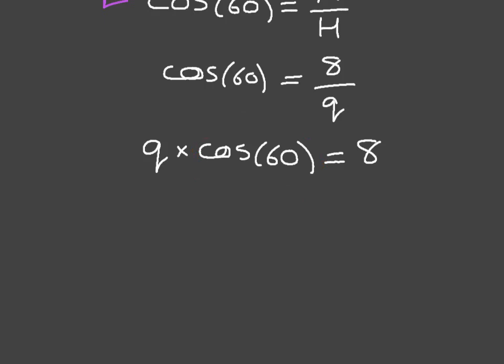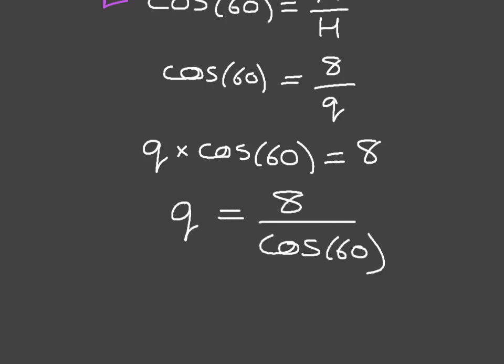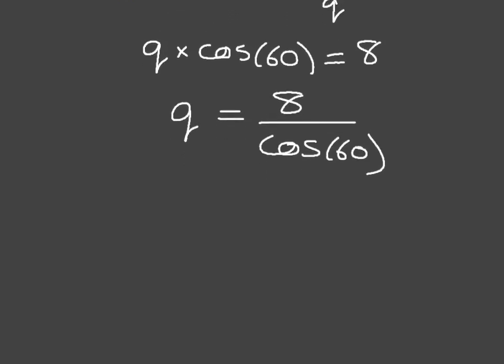So dividing both sides by cosine of 60 leads us to Q is equal to 8 divided by cosine of 60. And once again, if we plug that in our calculators, we find Q is equal to 16.